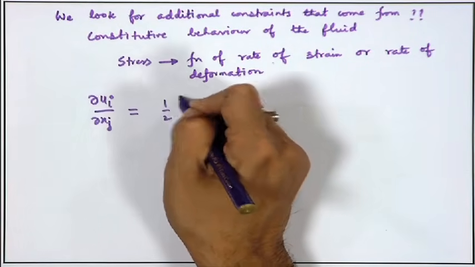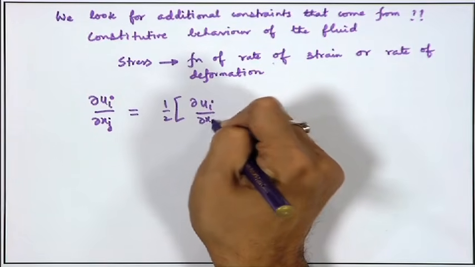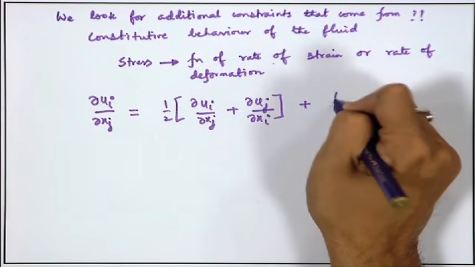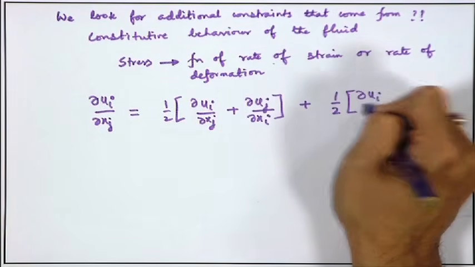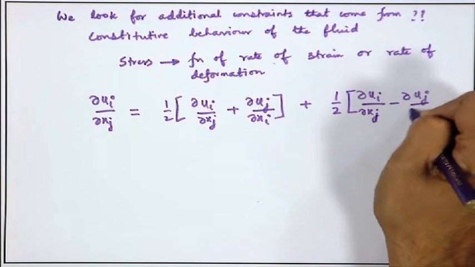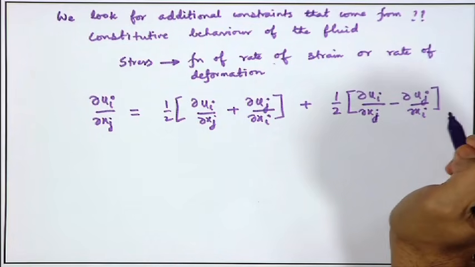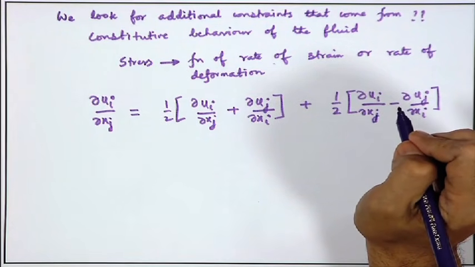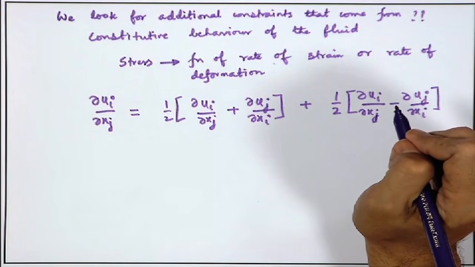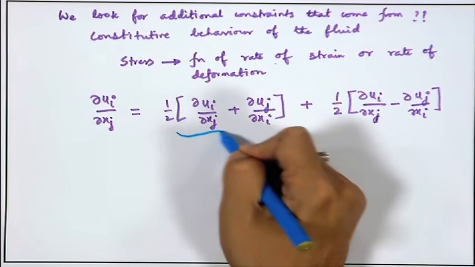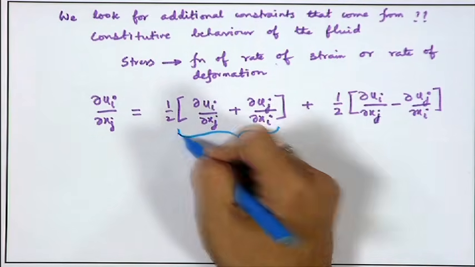Now this we write as half of del u i del x j plus del u j del x i, plus half of del u i del x j minus del u j del x i.